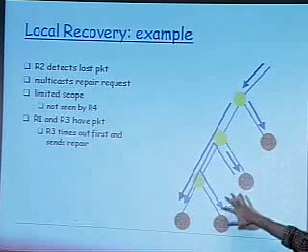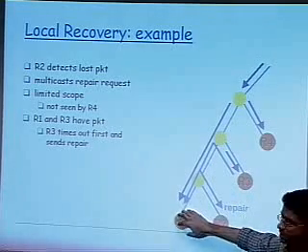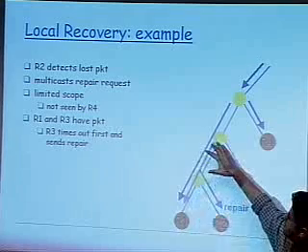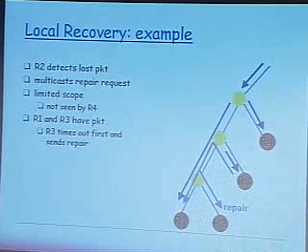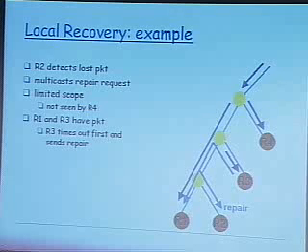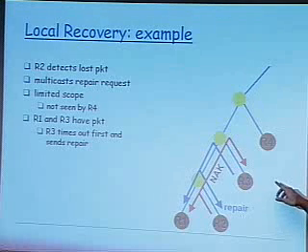R1 and R3 have the packet that R2 wants. So this repair request goes forward. R1 and R3 again will have their own timers like NAC suppression. R3 will time out first and will send out the request. And it sends out the repair packet back.